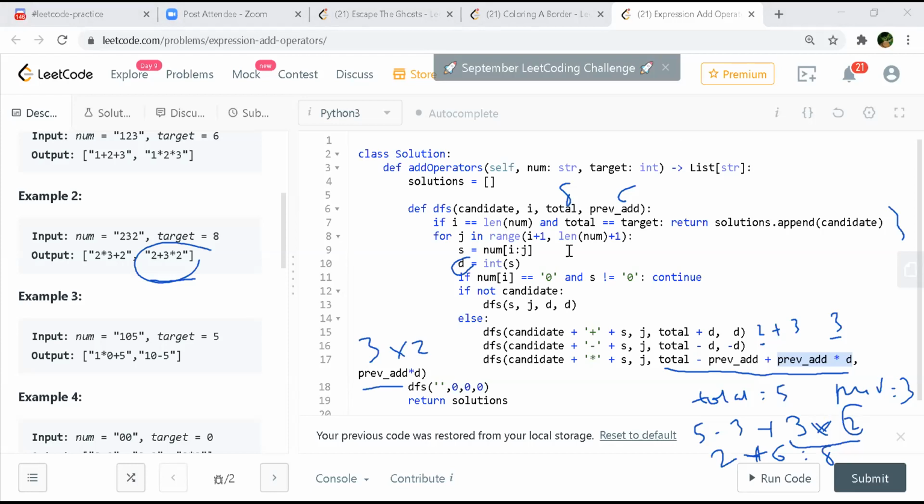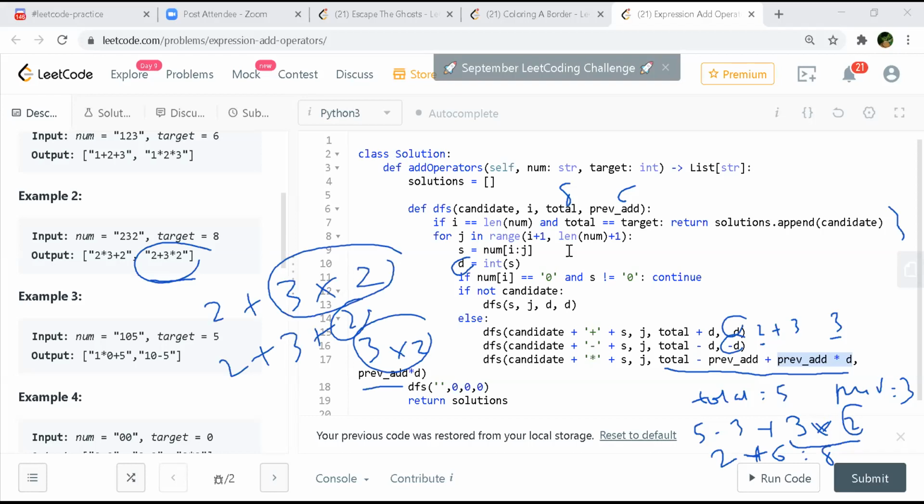What you said before is correct: for plus and minus, it's very easy, you just pass D and minus D. But for multiplication, he's passing the previous add into D. So whatever the terms are, like 2 into 3 into 2 or 2 plus 3 plus 2, every time you pass either 2 or the last term, where you are encountering the positive or negative sign before that. So the whole term needs to be subtracted. That is a very good way of doing it.